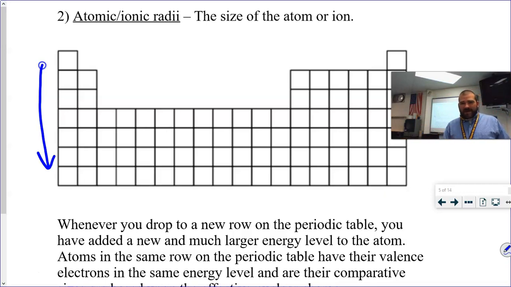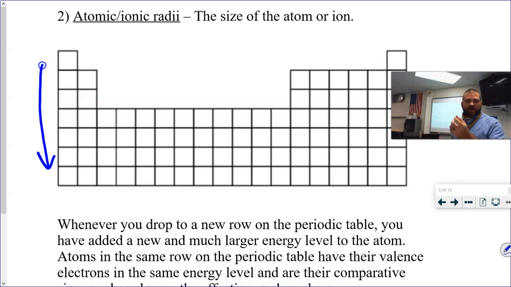Now, it's the counterintuitive part. Radius, as you go left to right across a row, actually gets smaller. Let me give you an example. If I'm comparing the size of sodium, we'll use sodium again, to argon.